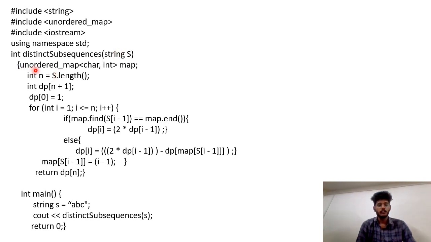I used a map to save the latest occurrence of the character and its index. For example, take the string A, B, C, D, A.